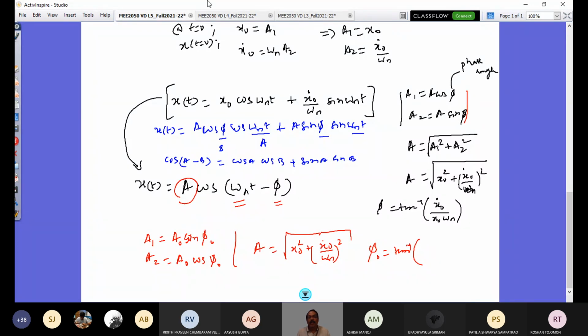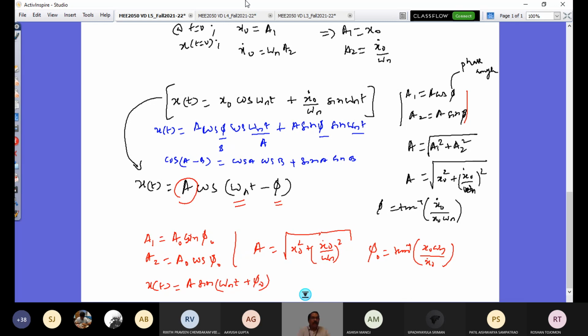So it is going to be the other way, x naught omega n by x naught dot. If I substitute this in this function, my expression of x of t is going to be A sin(omega n t plus phi naught), which we have seen in the earlier class.